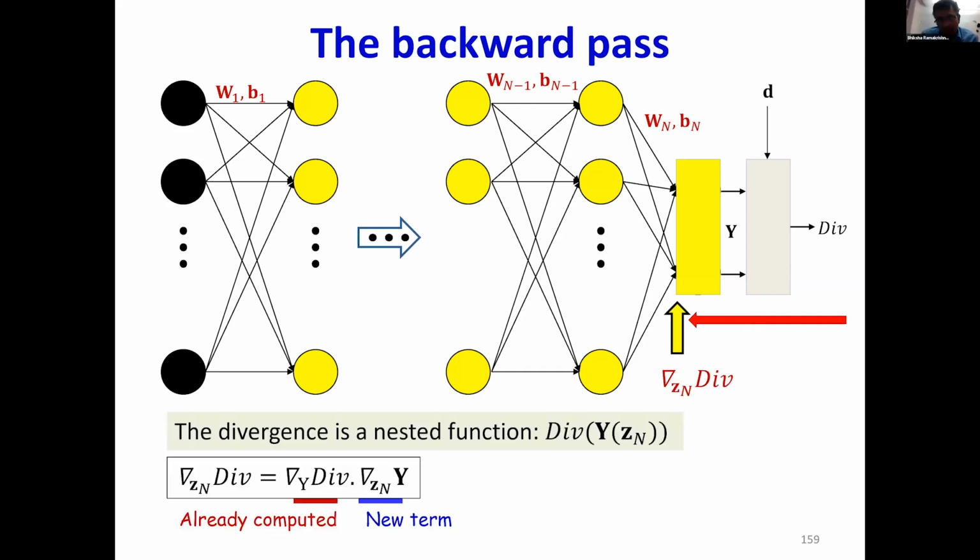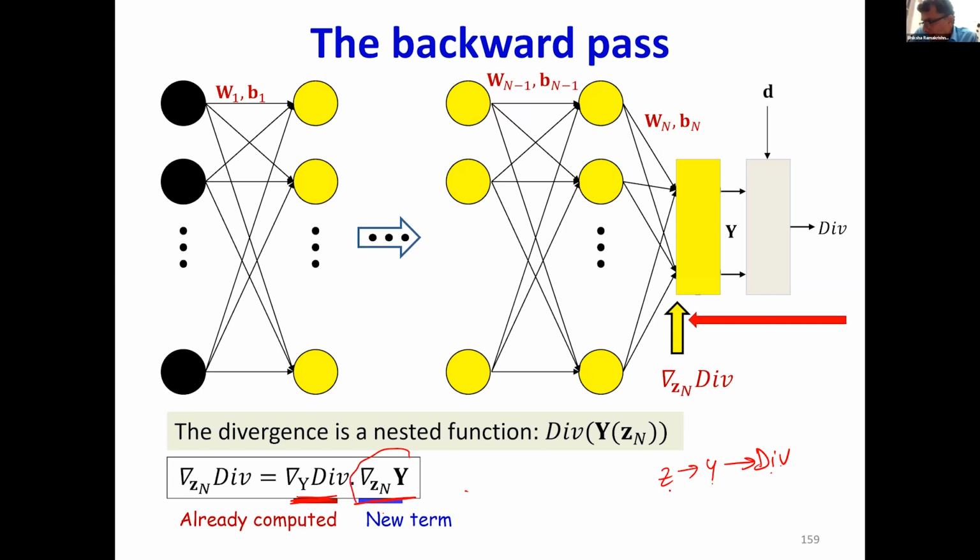And then I'm going to take a step back, and I'm just going to say I had z influencing y, influencing the divergence, right? So the derivative of divergence with respect to z is going to be the derivative of the divergence with respect to y times the derivative of y with respect to z, correct? Making sense?